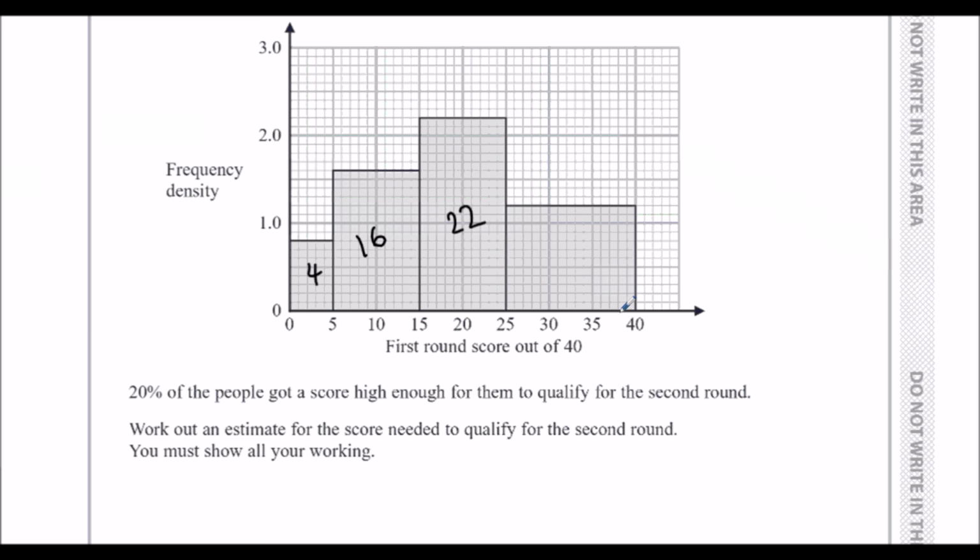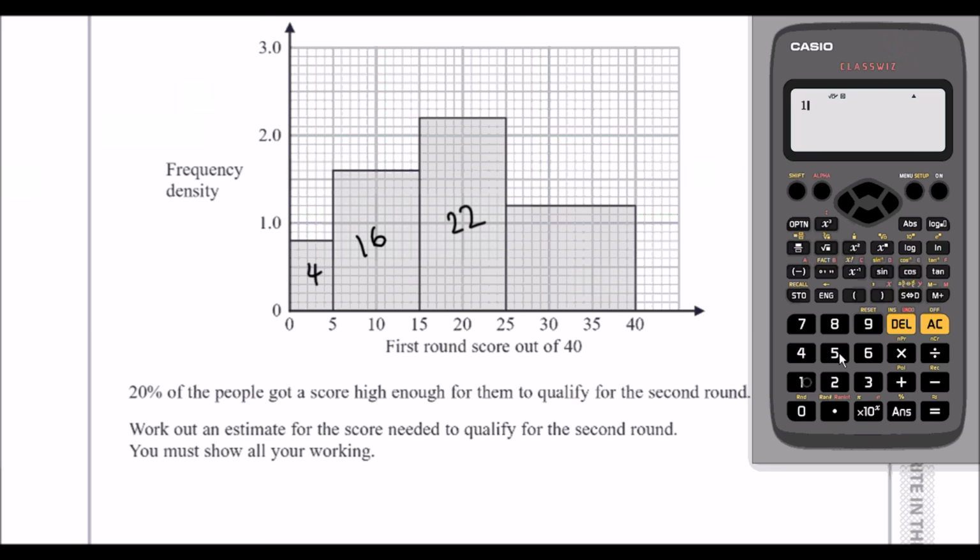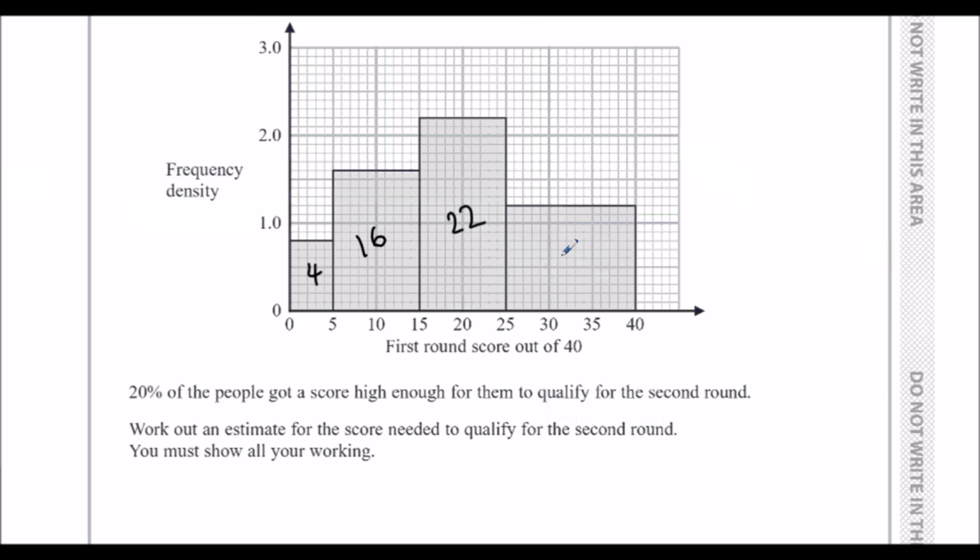And we've got 15 as the base and 1.2 as the height. So 15 times 1.2 is 18.